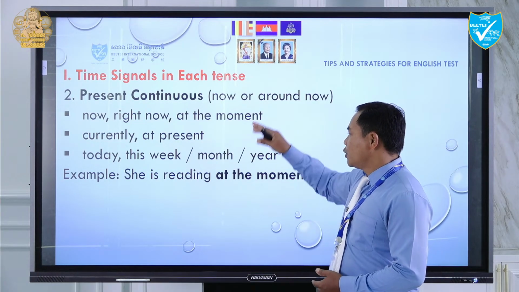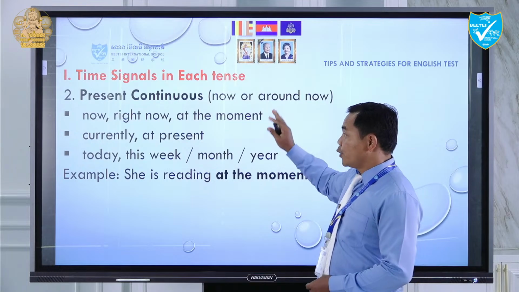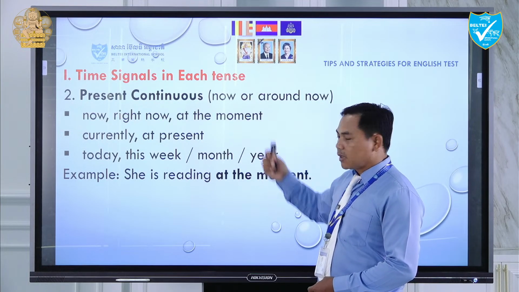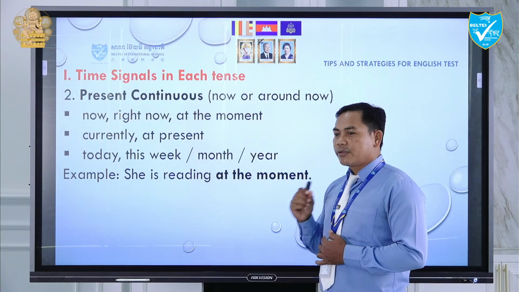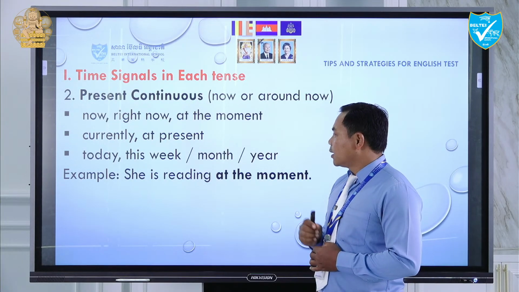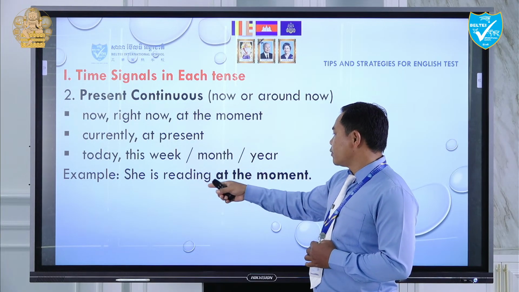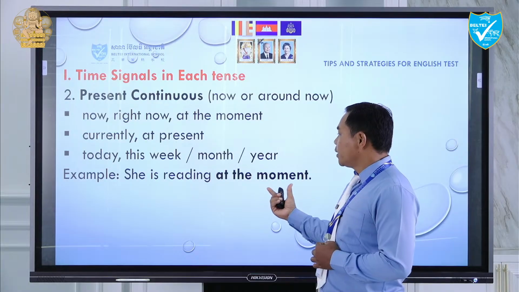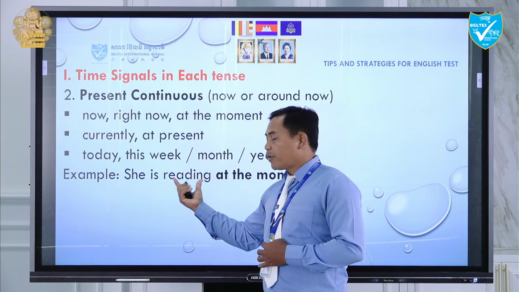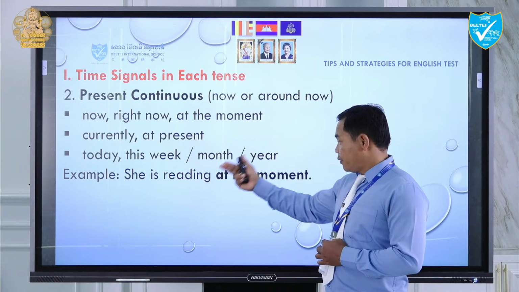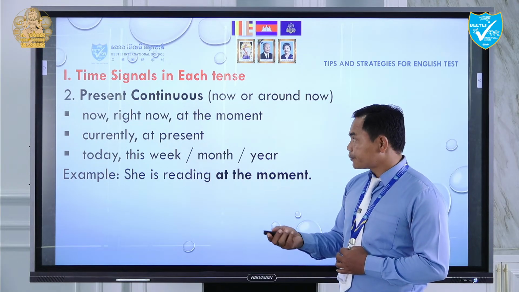Those are used in present continuous. Use this tip, it can help you do the grammar section quickly. Example, she is reading at the moment. So, at the moment, she is reading. Is reading is present continuous that we use with this time signal.